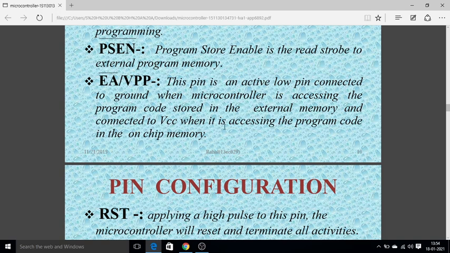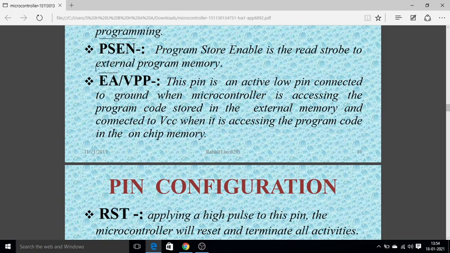That means, we know that the on-chip read-only memory of the 8051 is about 4 kilobytes, out of a total of 64 kilobytes. Whenever the 8051 is fetching the instruction from the code memory, that is 4 kilobytes, this will be indicated by EA, that is VPP, EA or VPP, and this pin is an active low pin.